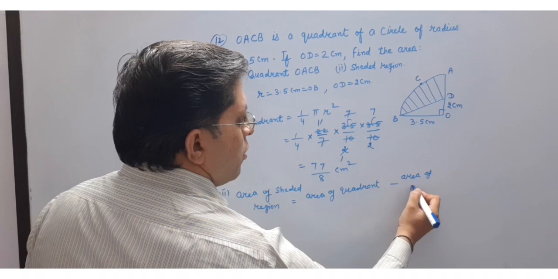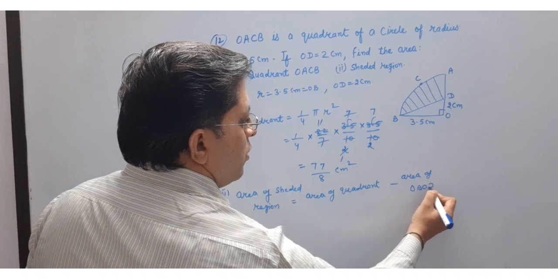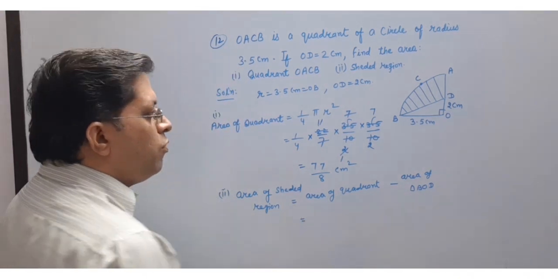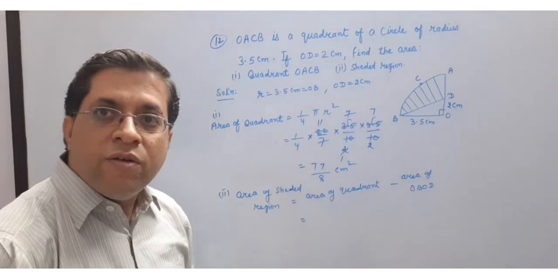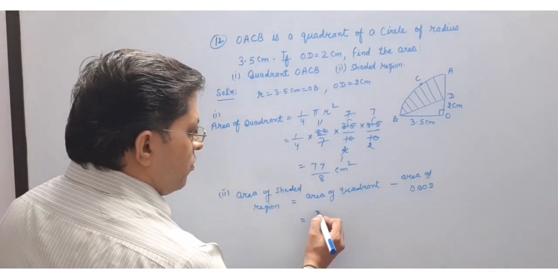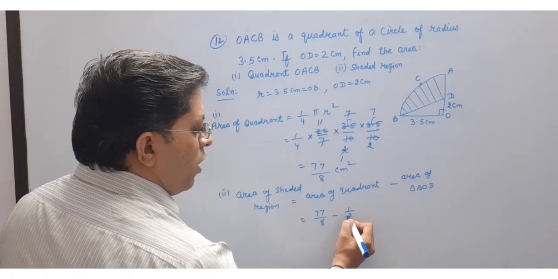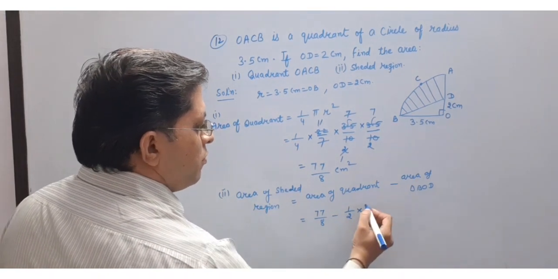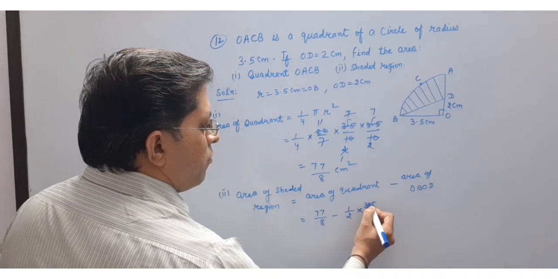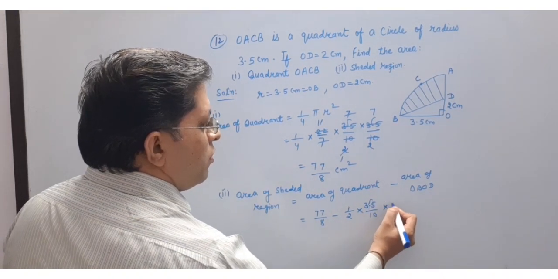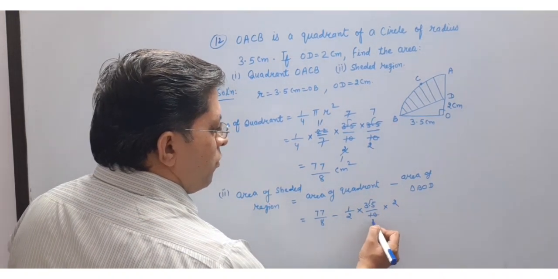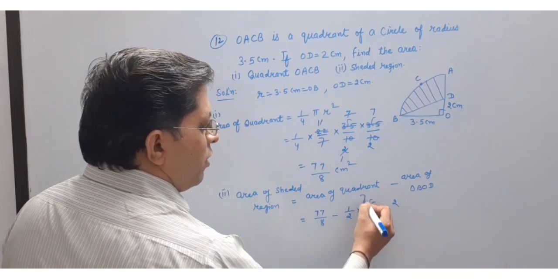Area of triangle BOD. Area of quadrant is what? This only 77 upon 8. Half base into height. What is base? 3.5. And what is height? 2. 5 2s are 10, 5 7s are 35.